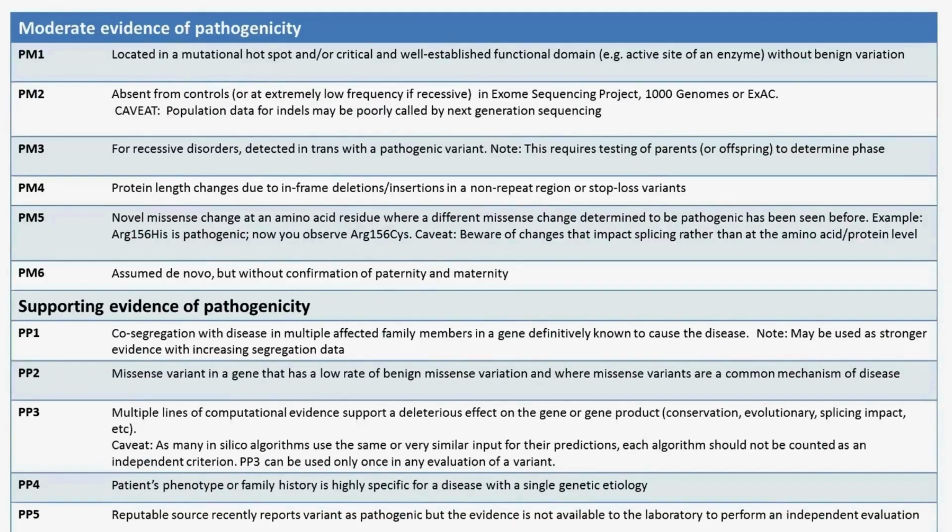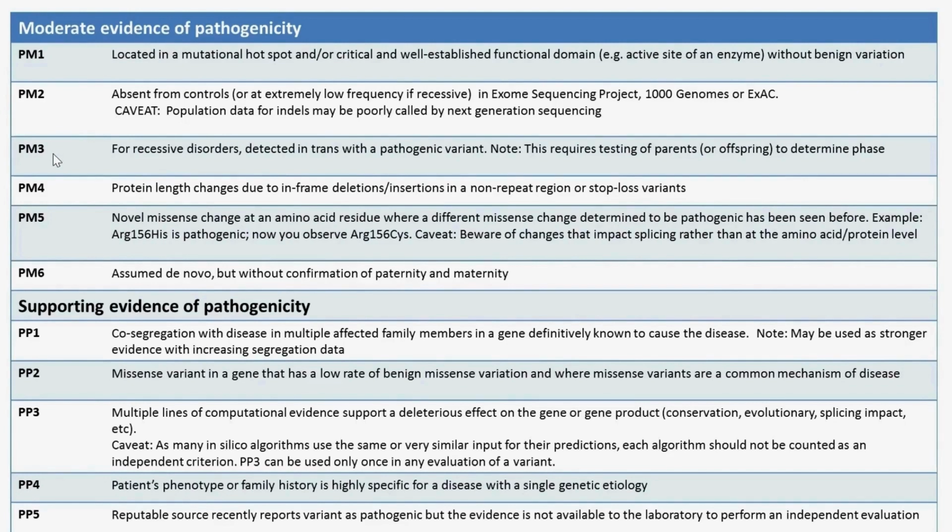The next criteria is based on moderate evidence of pathogenicity, and it includes PM1 to PM6. So PM1 includes variants which are present in a mutational hotspot. Hotspot means that the gene segment is prone to genetic alteration, or is at a well-established functional domain where benign variation is not found. Then PM2 includes a variant which is not present in control databases.